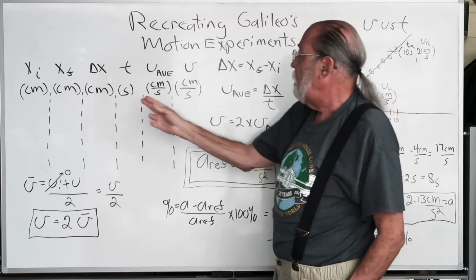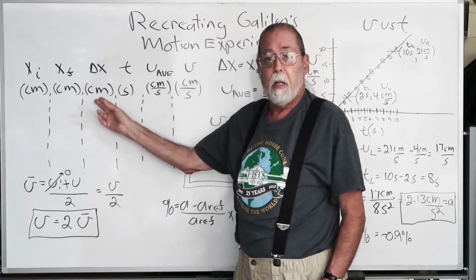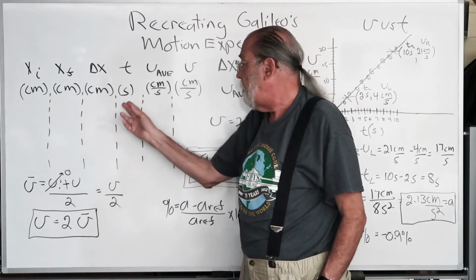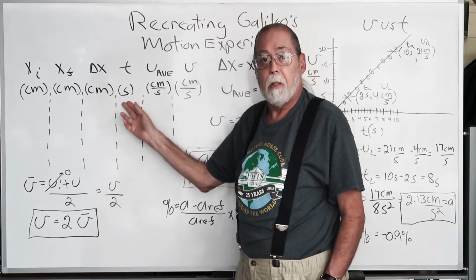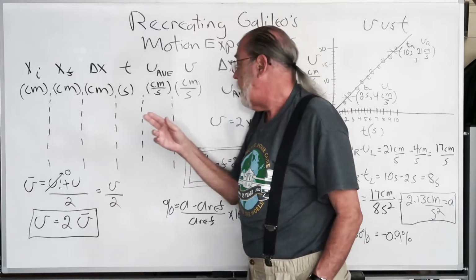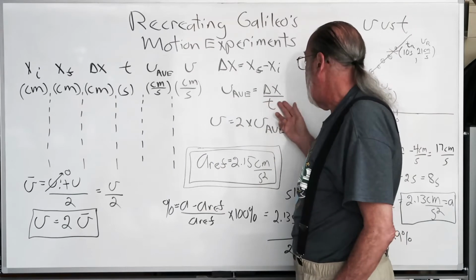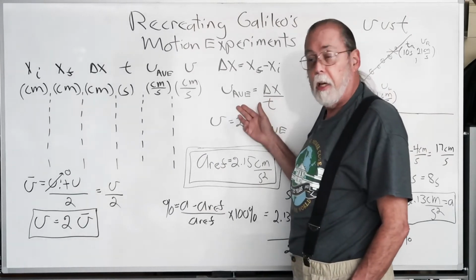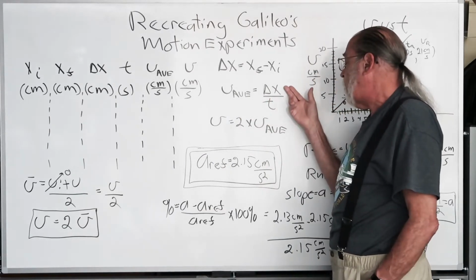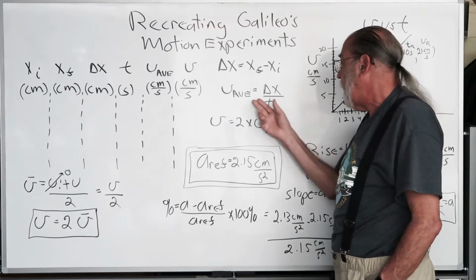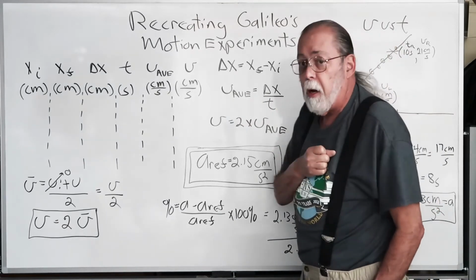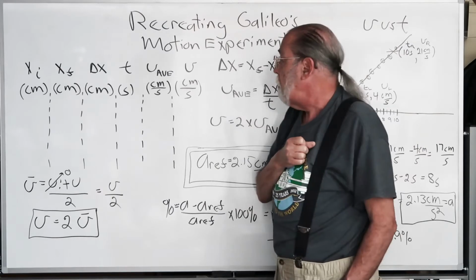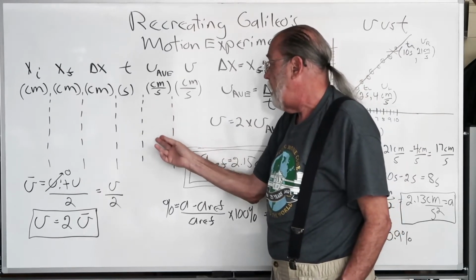That is simply the change in position in centimeters divided by the time in seconds. Once again, I want to see a couple of sample calculations, centimeters for x, seconds for time, so that the average velocity will come out in centimeters per second, as you see here.